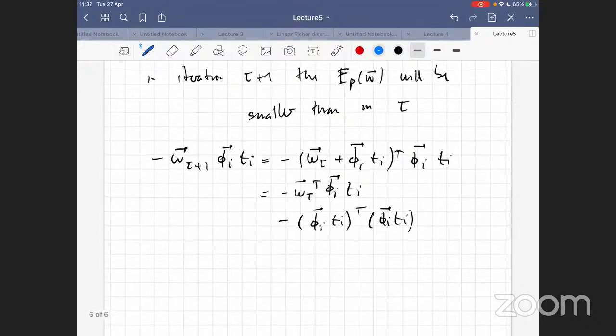And note that this term here is positive because it is the same term squared. And since this is positive, then this thing here is smaller than the first term.